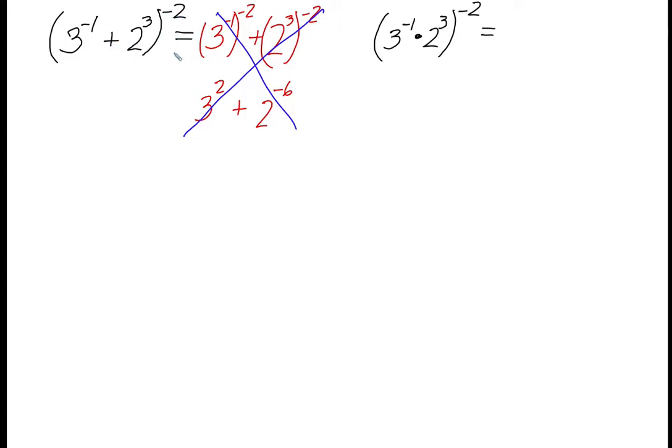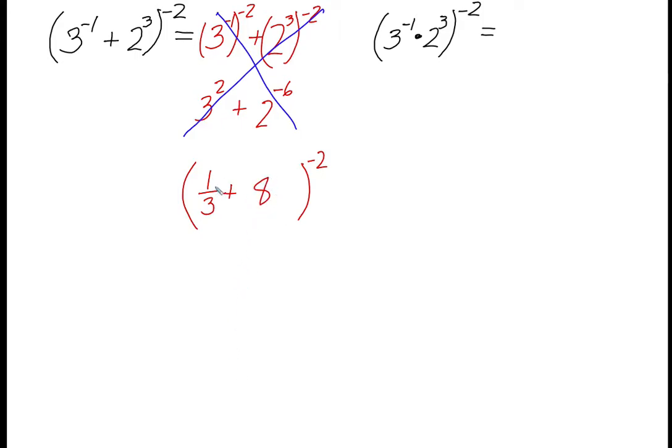So, the way we really should think about this is I'm going to ignore the negative 2 on the outside of the parentheses and instead just think about what's inside. 3 to the negative 1, that negative means reciprocal. So 3 to the negative 1 is 1/3, and 2 to the third is 8.